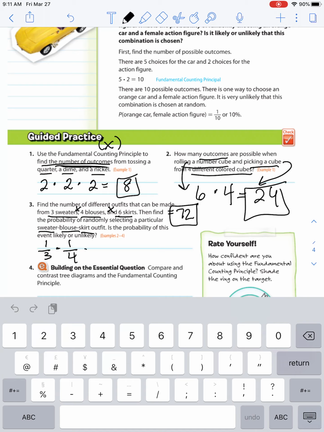For that blouse, it would be 1 in 4. And for the skirt, it would be 1 in 6. So choosing that specific combination would be 1 out of 72. And that is about 1%, which tells us that it is very unlikely for that to happen.